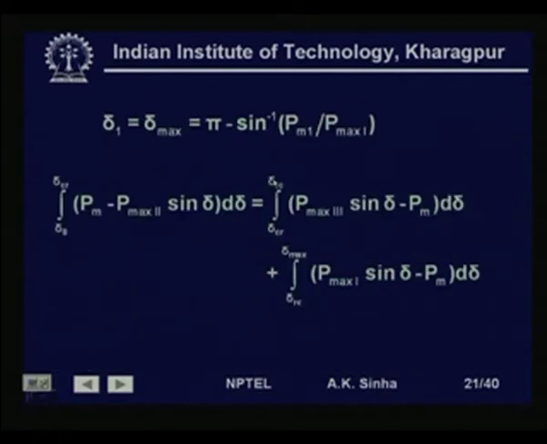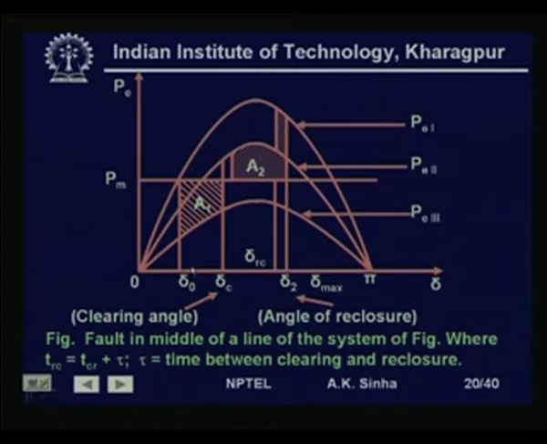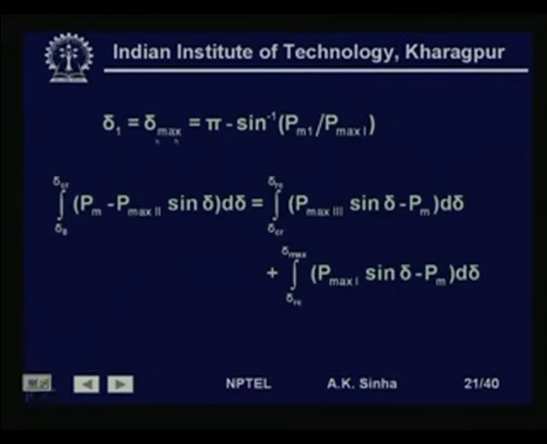So, again we can calculate that. In this case delta 1 is equal to delta max, that is pi minus delta max. Here this delta max which is available will be here now, and so in this case this will be equal to pi minus delta 0 as such.